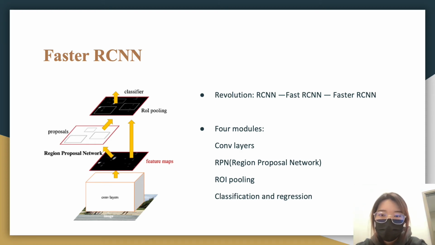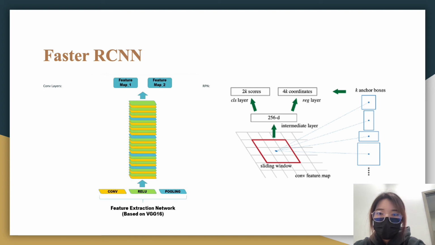As shown in the figure, the detection part of Faster RCNN can be mainly divided into four modules: convolvers, RPN, which is the region proposal network, ROI pooling, and classification and regression. Convolvers, the feature extraction network, is used to extract features.